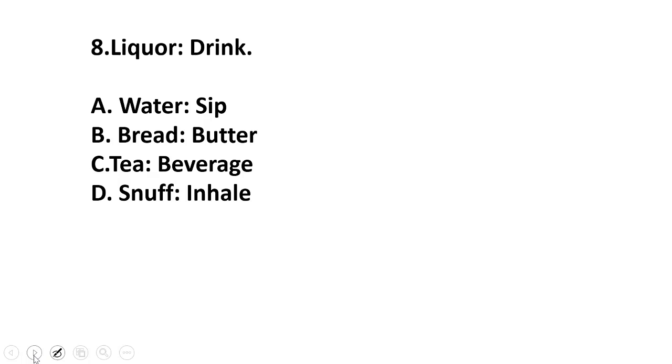Next, number 8. Let's go and take the next word. Now, liquor is to drink. Some kind of liquor is to drink it. That is the work you do with liquor. Water, sip. All right. Bread, butter. Tea, beverage. Snuff, inhale.